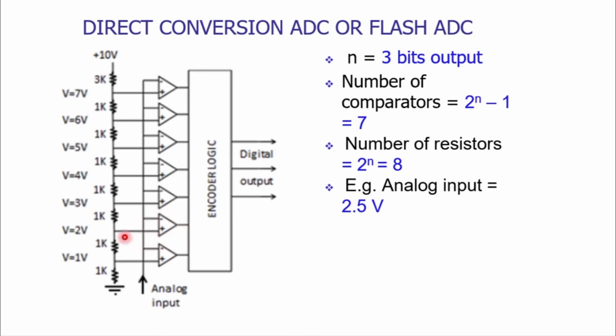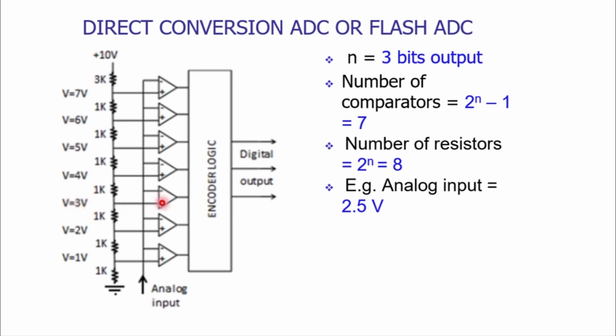Now we go to the third comparator. The 2.5 volts is further applied to the third comparator. Its reference voltage is 3 volts. Now the input voltage at the inverting terminal is less than the reference voltage of 3 volts.